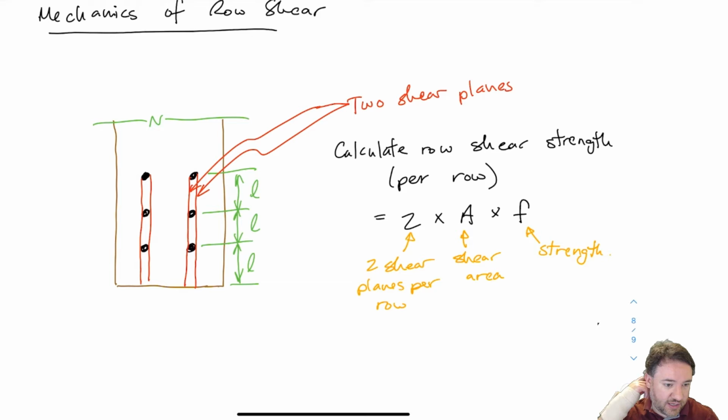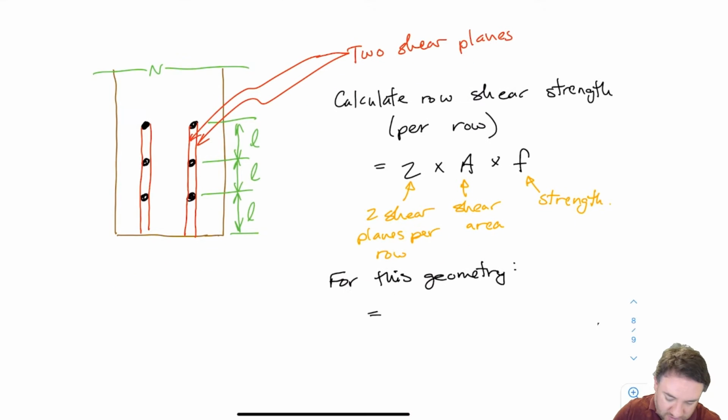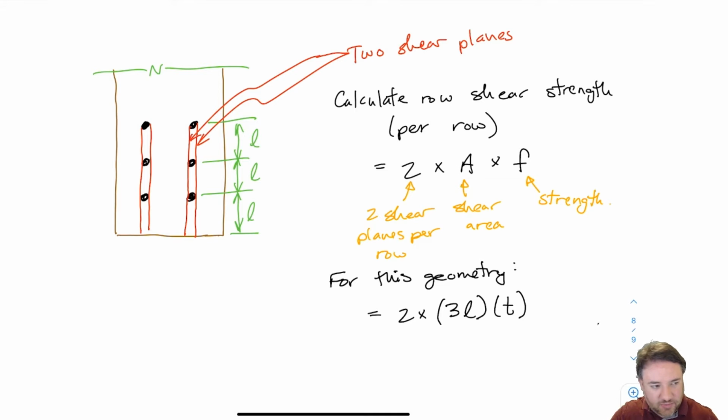We have an area and we need a stress, F is a strength in terms of stress, and then 2 shear planes. That shear area is going to be the length times the thickness, the depth of that shear plane. So if I'm looking at this geometry specifically, it's going to be 2 times, and then the area is 3L times T, which is the thickness of the member out of the plane, times some, we've called that before, FV.